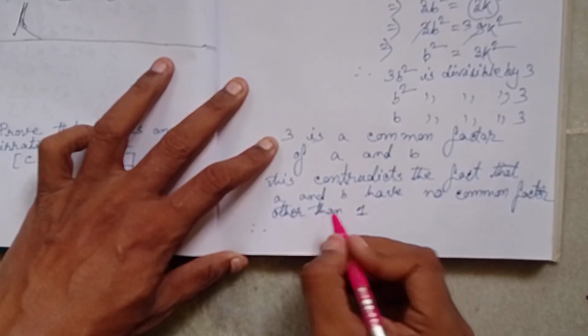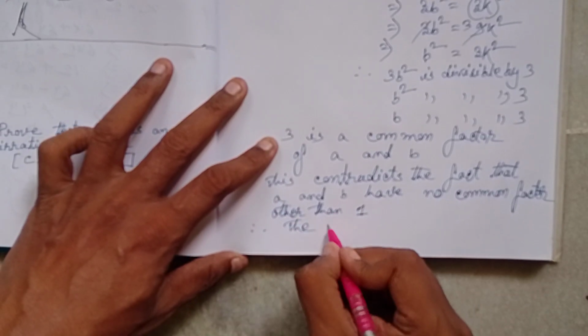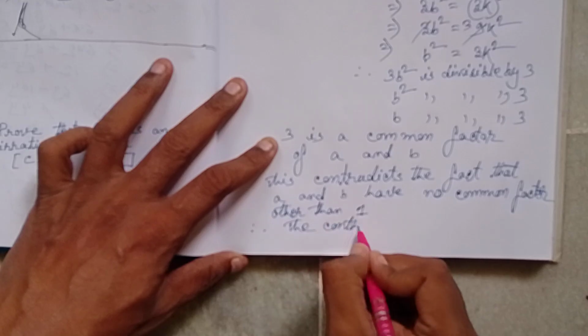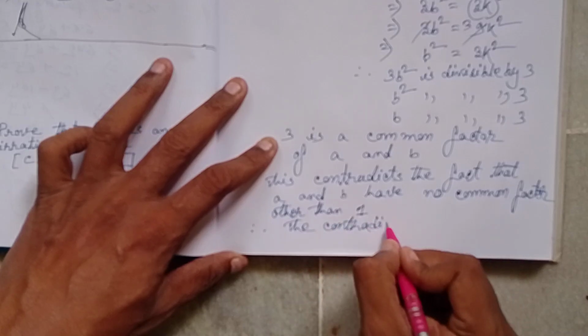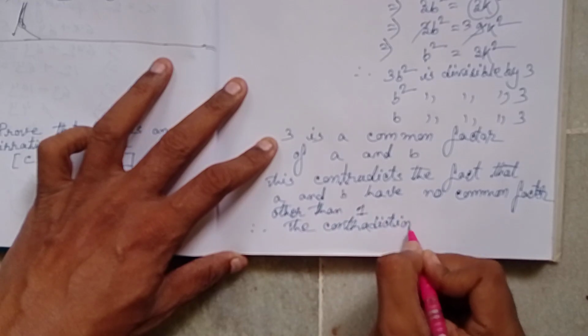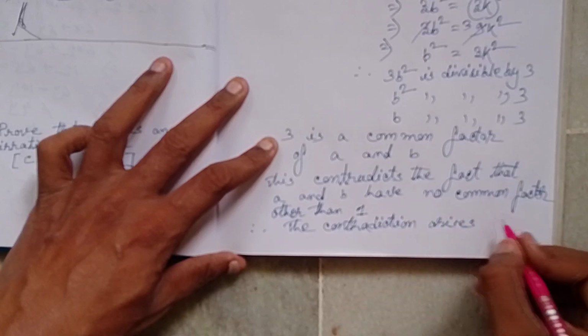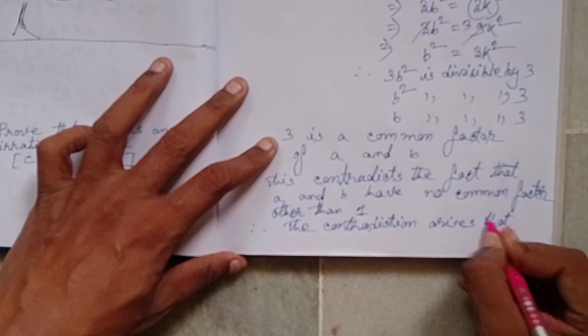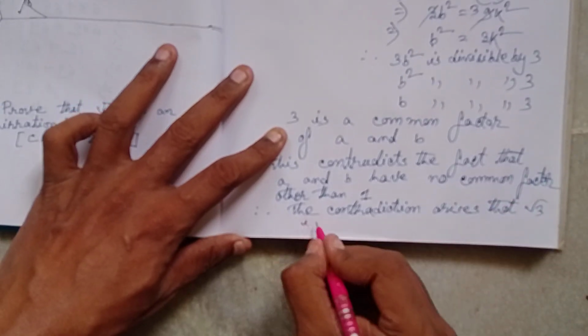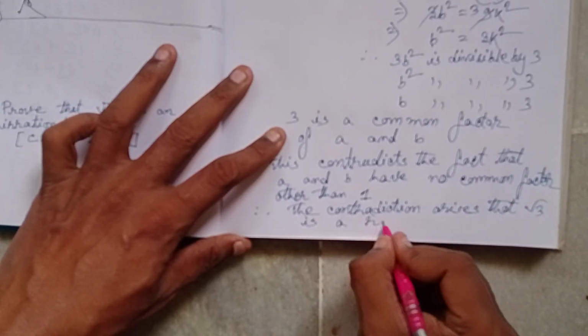Therefore, the contradiction arises because we assumed that root 3 is rational.